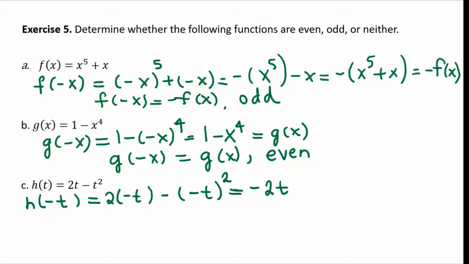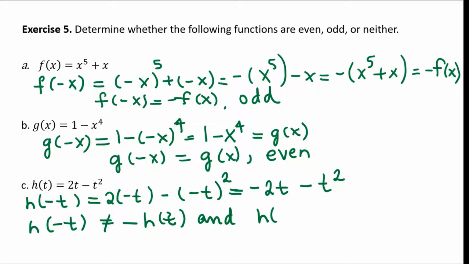And on the second, the minus stays put, but a negative raised to an even number is t squared. So negative 2t minus t squared, and that does not look like 2t minus t squared. So what this has shown is that h of minus t does not equal minus h of t, and h of minus t does not equal h of t.